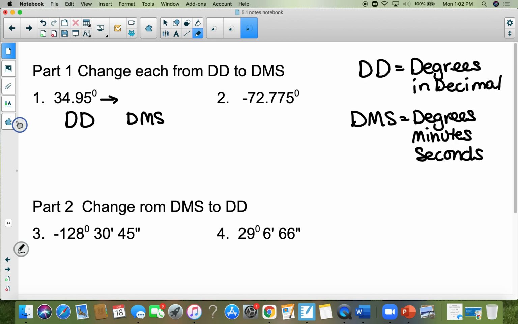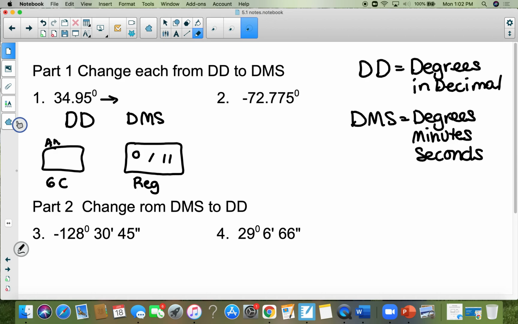So, take your calculator out, and if you don't have your calculator, turn it off until you can find your calculator. Go to your calculator and type in 34.95, just like it's written, 34.95. Most everybody on their calculator has a degrees, a minute, and a second button. A graphing calculator is a little bit different. You have to hit the second angle.